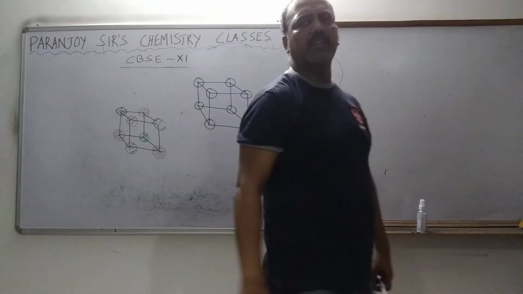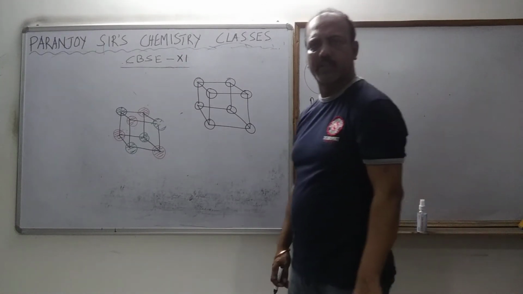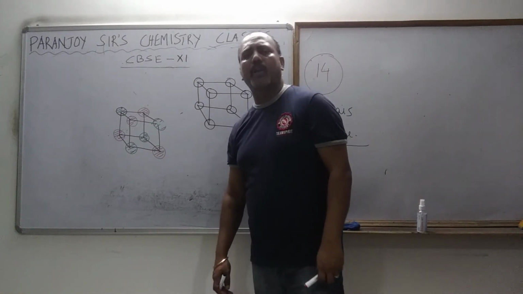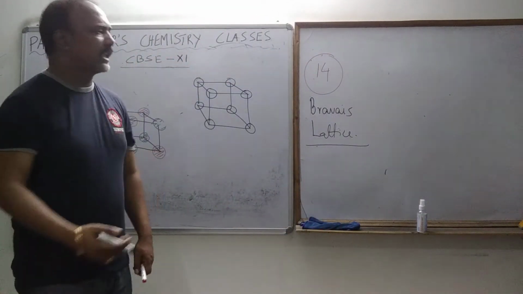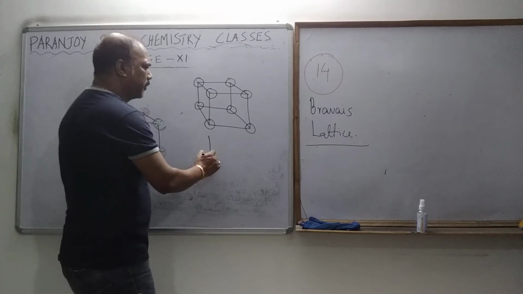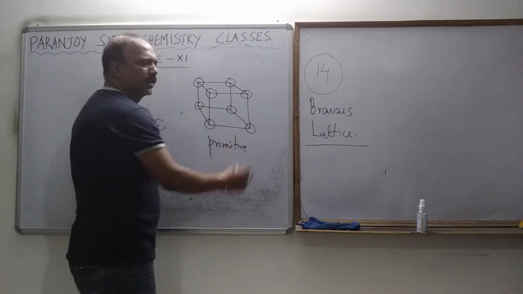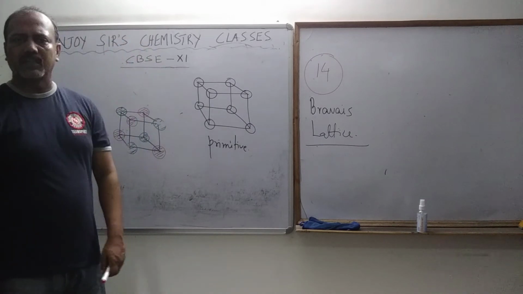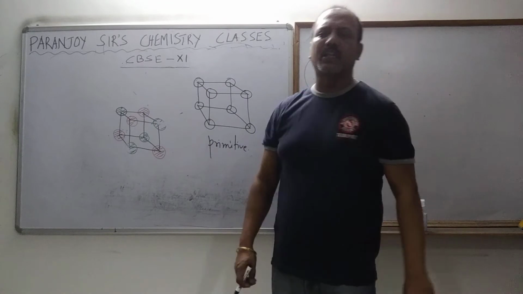Lattice points are present only at the corners. If the lattice points are present only at the corners of a unit cell, then that unit cell is called primitive unit cell.